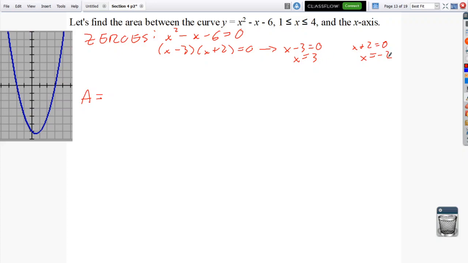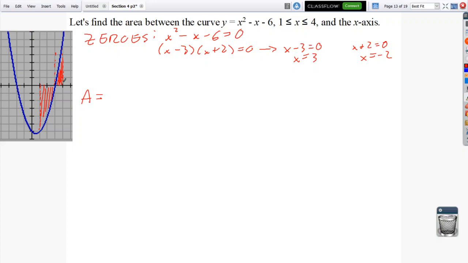So along the interval we're working with, between 1 and 4, we need to split this up into two sub-intervals: the interval from 1 up until we switch signs, and then from where we switch signs up until the end of the interval, which is at 4. So we need to take this area right here and add it with this area right here.